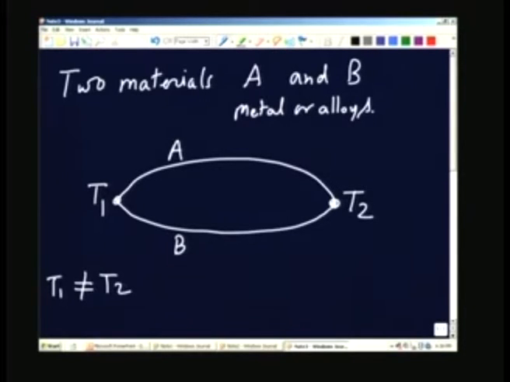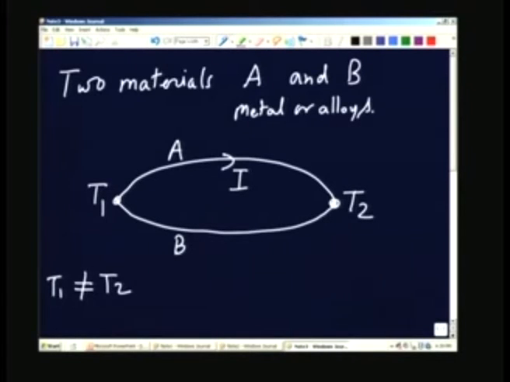And if I maintain a current in this loop by having some source of power like a battery connected, which I am not showing because it is of no importance to us right now, some interesting results take place.